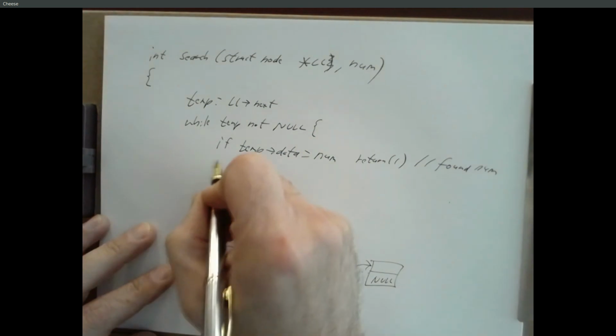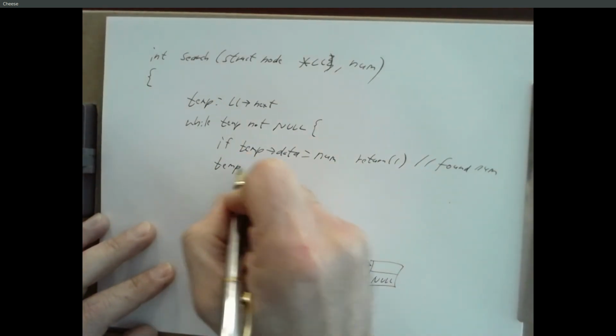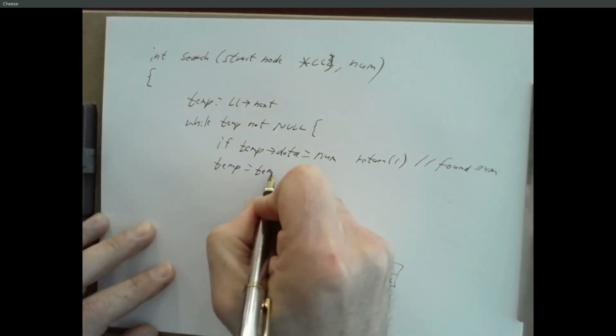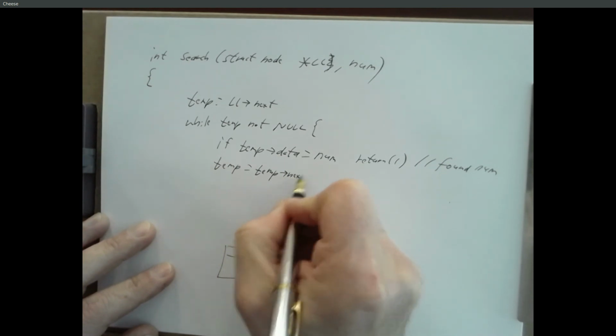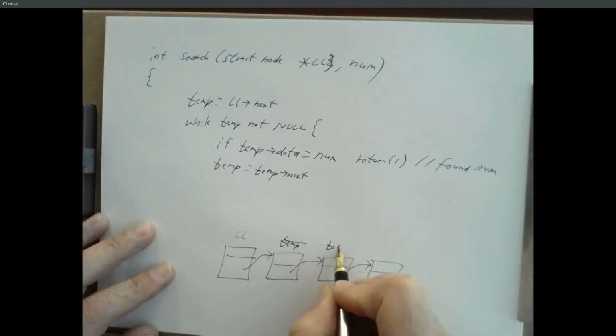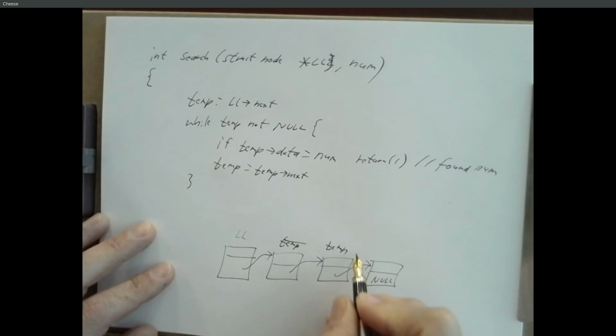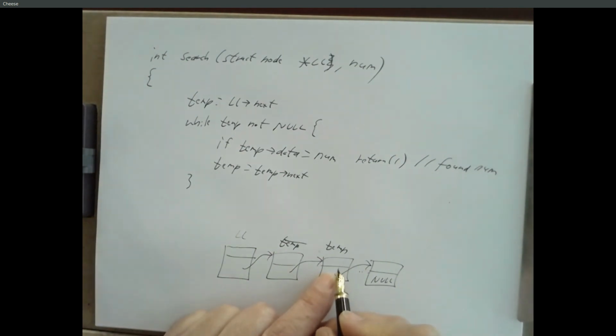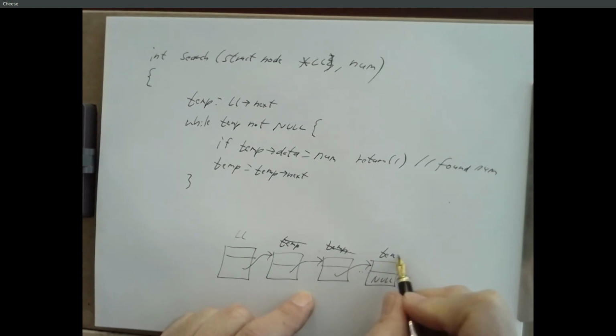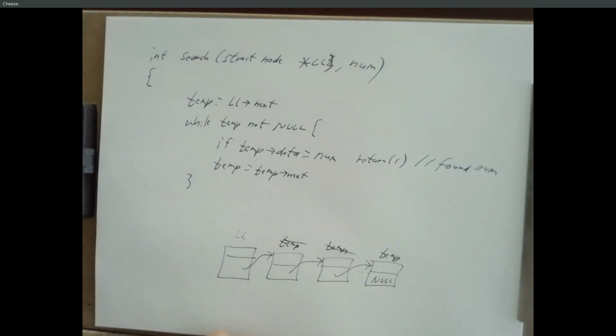Otherwise, move down the list. That's just the same thing we did in traverse. Temp equals temp next. And try again. Temp's not null. Does the data match our number? If it does, we found it. If not, move down the list. Does it match our number? If not, set temp equal to temp next. Well, at that point, temp equals null.